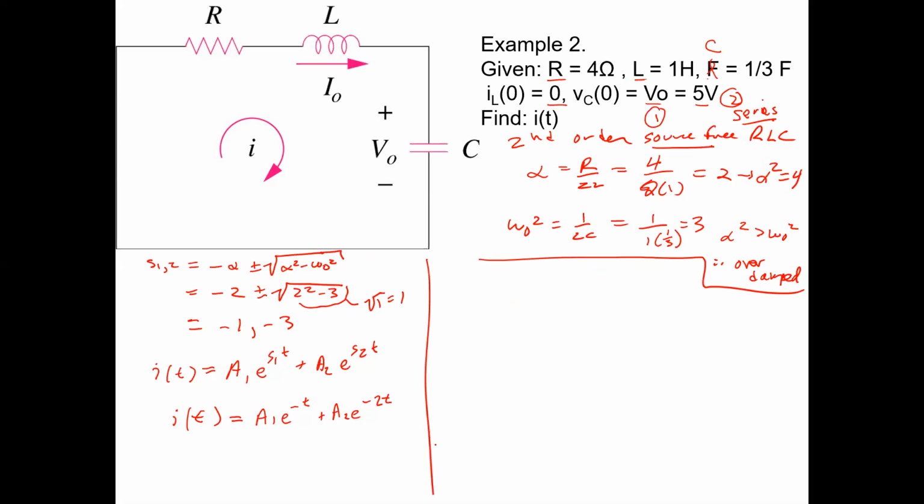And we find a1 and a2 from the initial conditions. And what are those initial conditions? Well, we're given that iL of 0 equals 0, and vC of 0 equals 5.